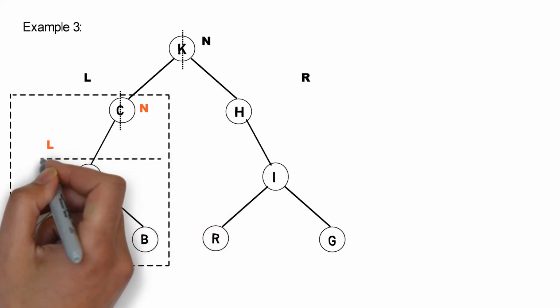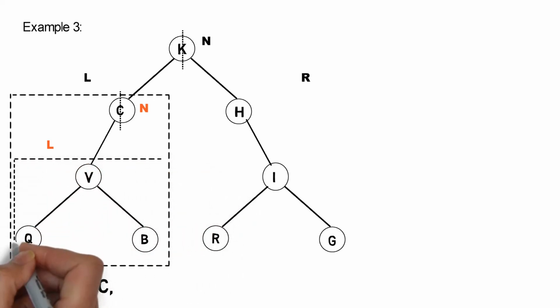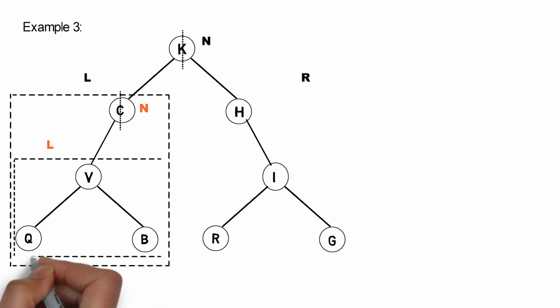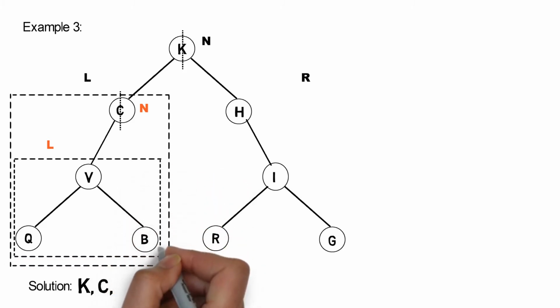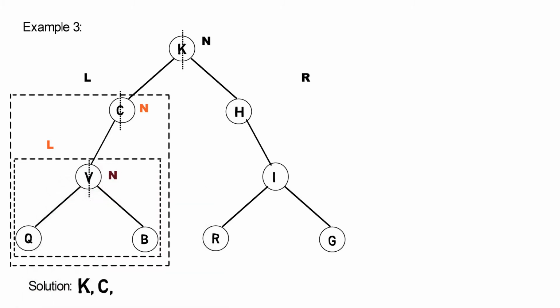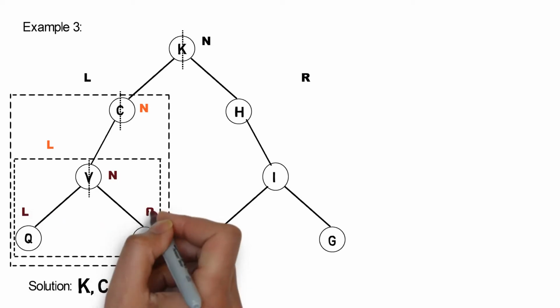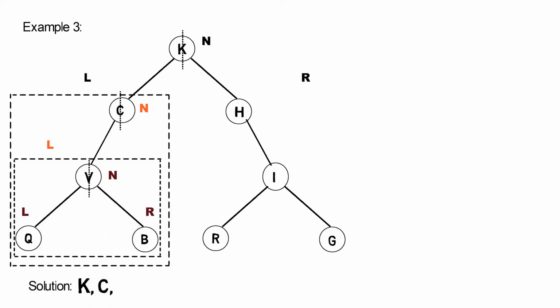Then we now consider the left side of C. When we focus on this aspect of the tree, V becomes our root node, Q our left subtree, and then B becomes the right subtree. So now to traverse this tree, we have V, Q, and B.